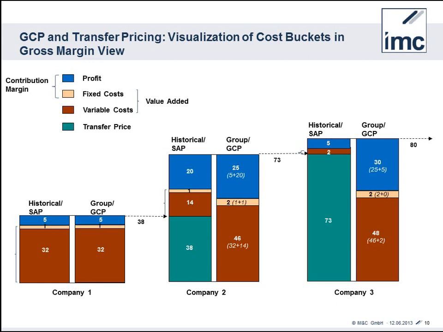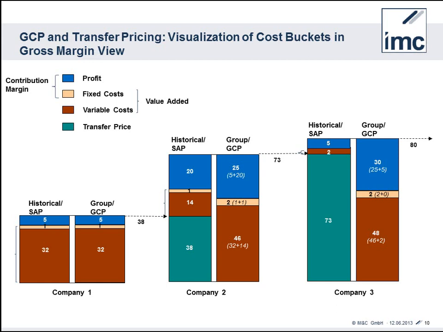You also see that GCP clearly tells you that your profit is 20 in company 2. The group profit at that stage is 25, because it's made by the 20 that you have in company 2 plus the 5 of company 1. Your transfer pricing is 38 here, of course, because it's the transfer price applied to this particular transaction.